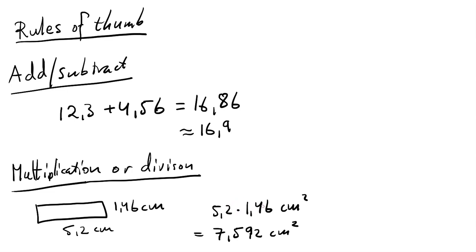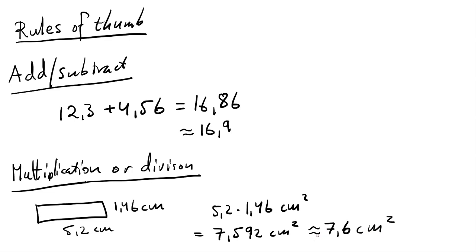Which one has the fewest? It's this one. It has 2 and this has 3. So you should answer with 2 significant figures. You should have 7 point and round to 1 decimal here. So that's the rule of thumb for multiplication and division.